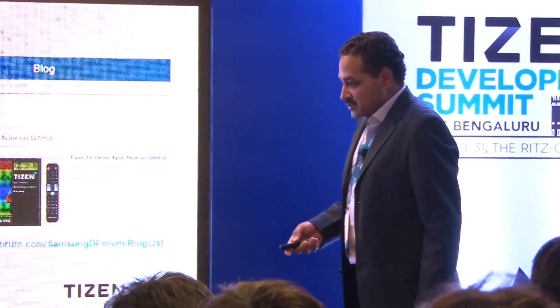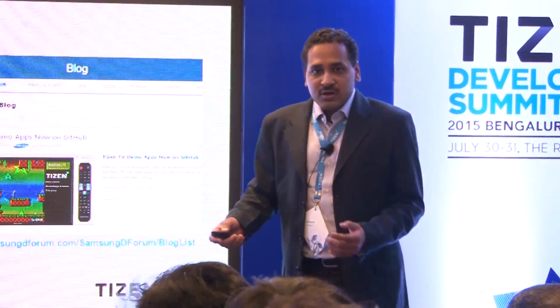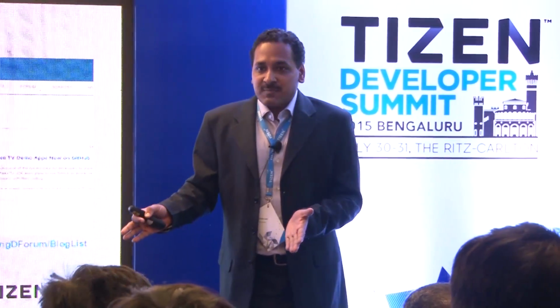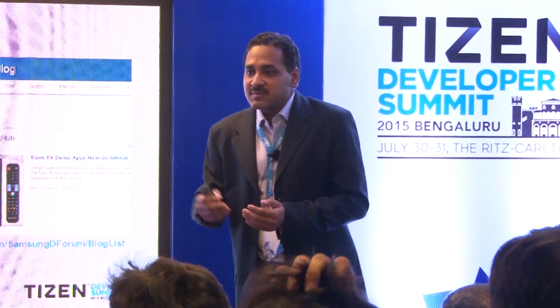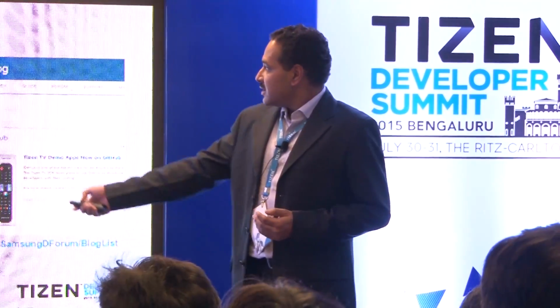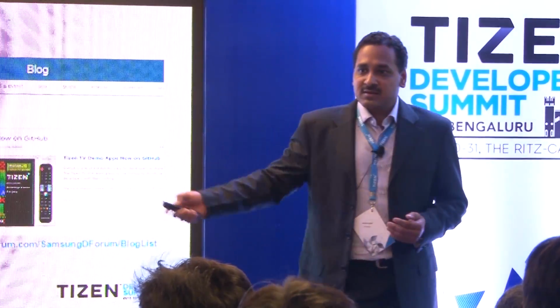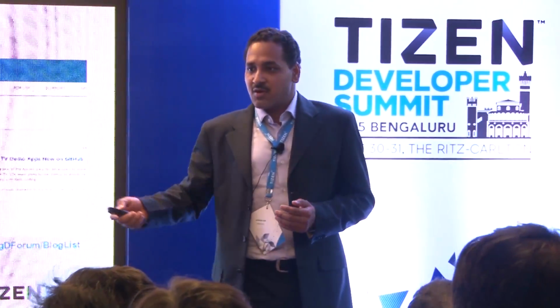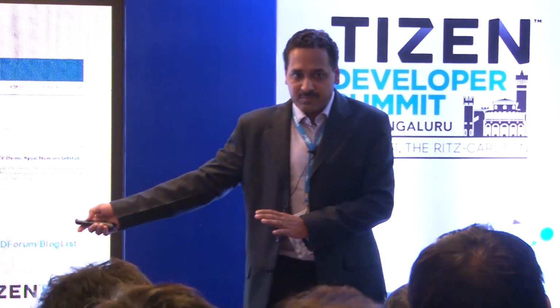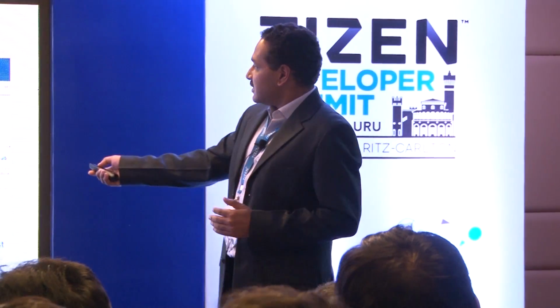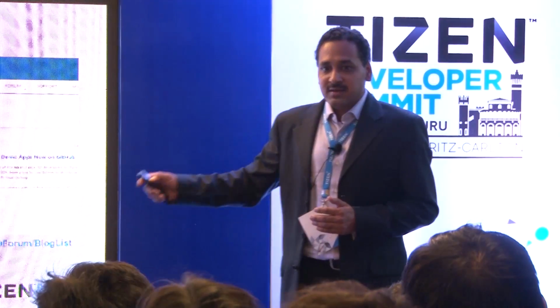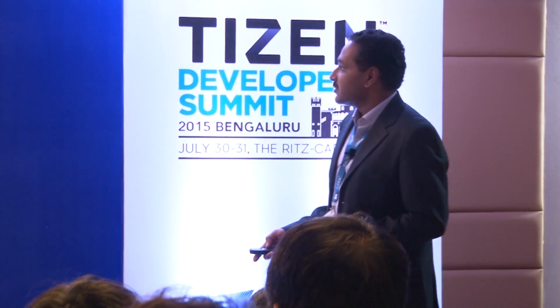Some more development resources. If you want existing applications created by other developers, GitHub is a place where you can get multimedia, game, etc., all applications with code. Then if you want day-to-day news regarding Tizen SDK, then the Tizen blog is there, where you can get detailed information and updates regarding Tizen TV SDK.